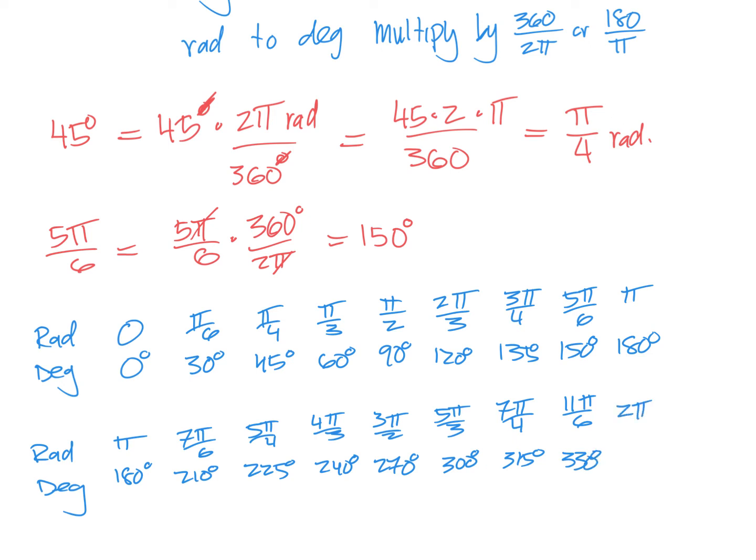And then 2 pi is a full circle, or 360 degrees.